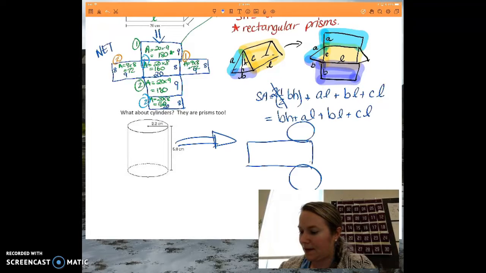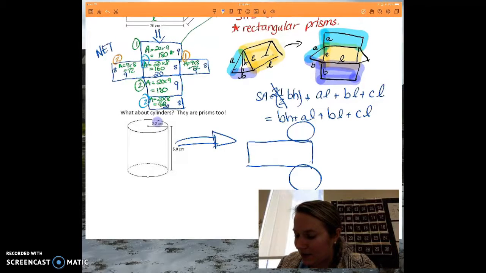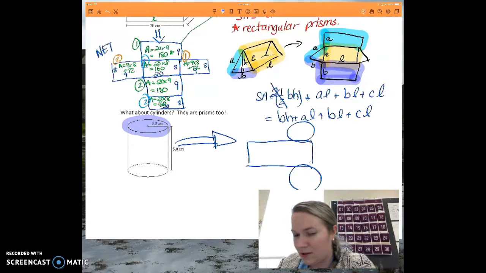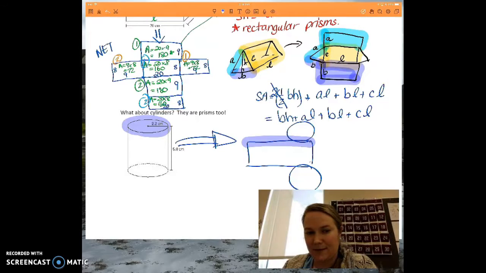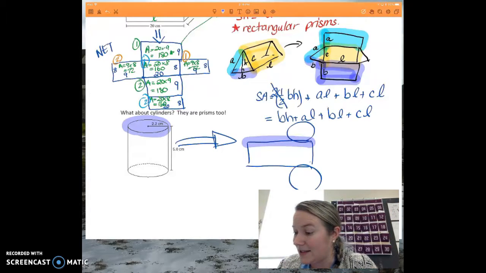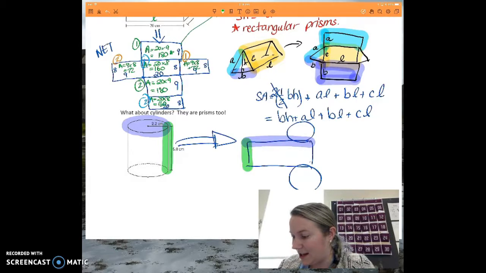So, if we think about it, that distance around the circle is the exact same as that length there. And the height here is this height there.